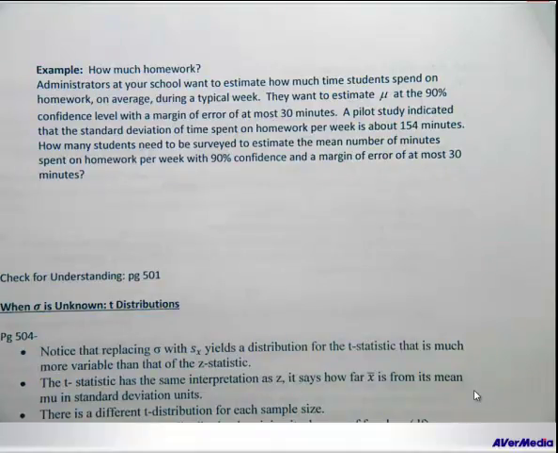A pilot study indicated that the standard deviation of time spent on homework per week is about 154 minutes. Remember, this is how many minutes they spend per week, so it's over the whole week, it's not per day. How many students need to be surveyed in order to estimate the mean number of minutes spent on homework per week with 90% confidence and a margin of error of at most 30 minutes?